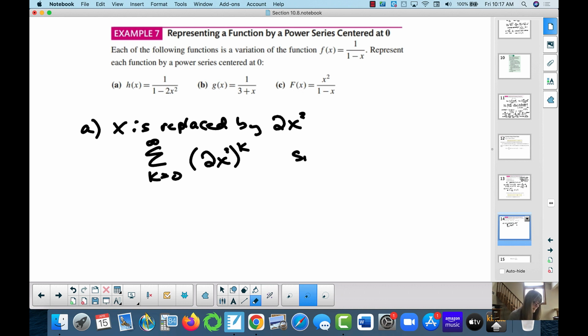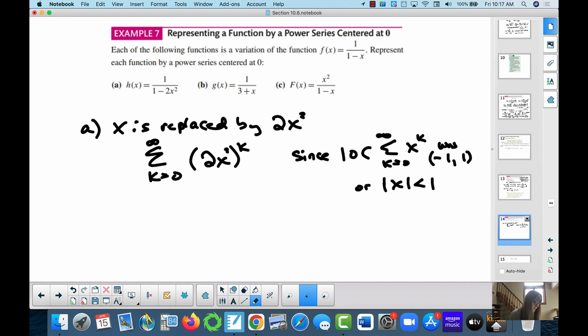Since the interval of convergence for the original power series was -1 to 1, or the absolute value of x had to be less than 1, we can replace x with 2x squared and say the absolute value of 2x squared has to be less than 1.